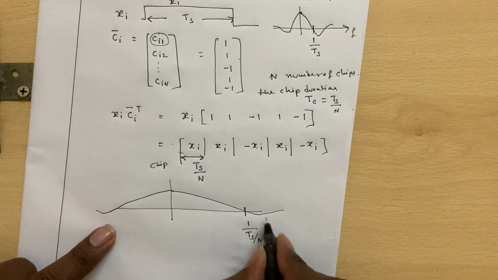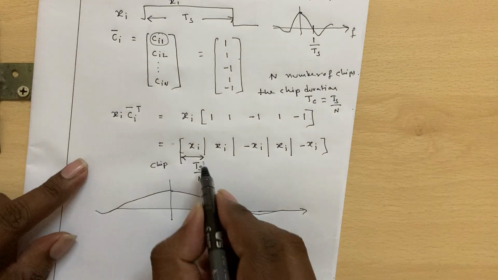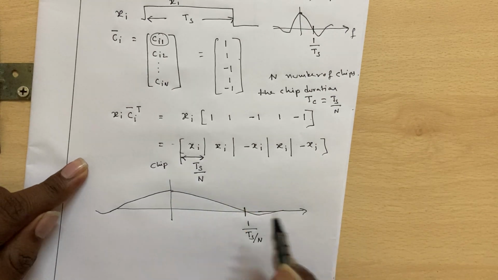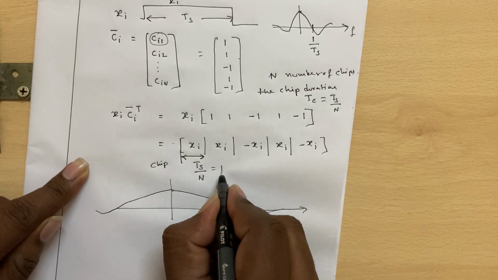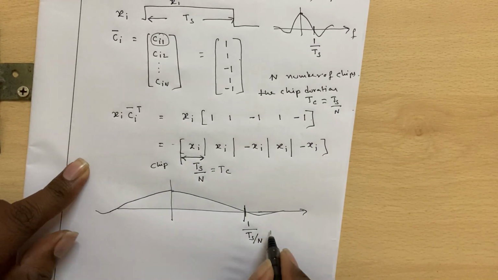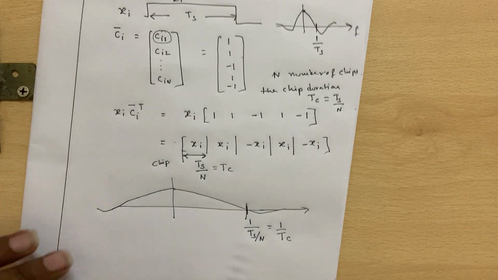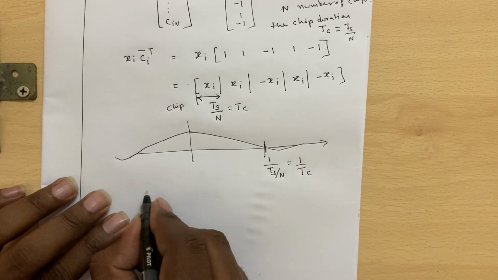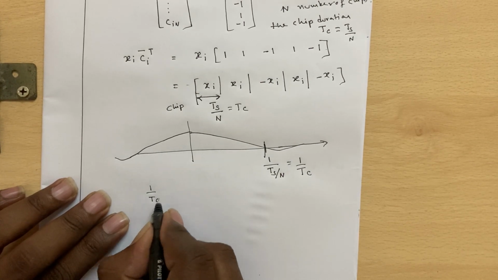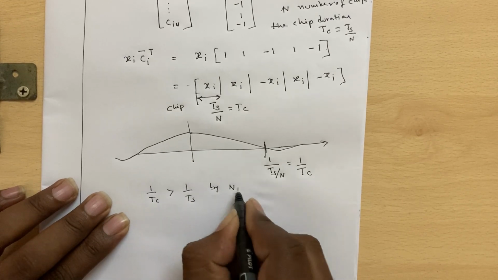So now we are communicating the chips whose duration is Tc, rather than symbols having duration Ts. The bandwidth will now be 1 by Tc, which after multiplication of the code word is n times greater than 1 by Ts.